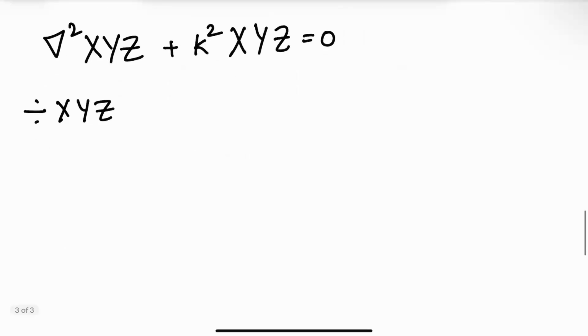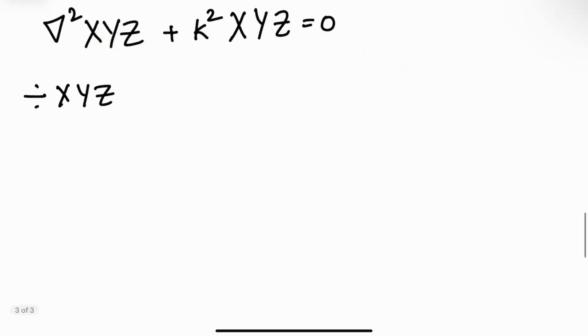If I take the Laplacian of this product, you can use the product rule. That would be YZ times the Laplacian of X plus XZ times the Laplacian of Y plus XY times the Laplacian of Z. And then when you apply the Laplacian to this, what do you get?